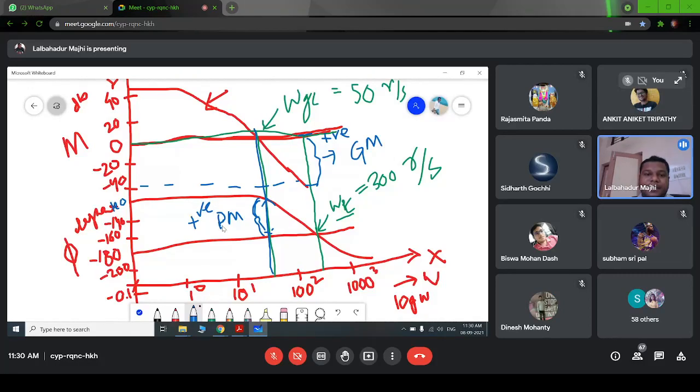The value of phase margin will be 120 to 180, so it will be 60 degree, where the gain margin here is 40 dB. Here phase margin, gain crossover frequency, phase crossover frequency.